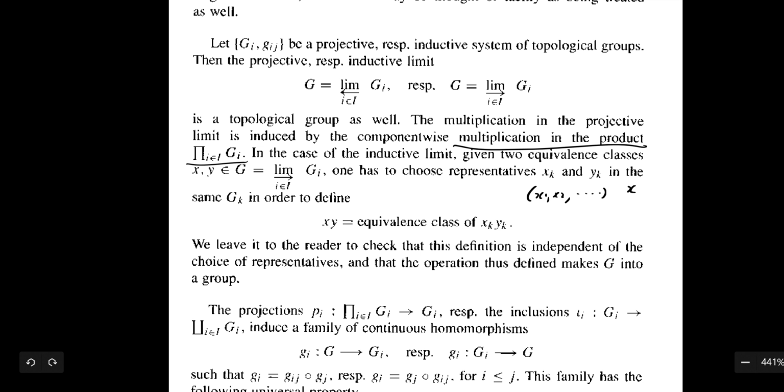This is x, give y, that is, say we define to be.